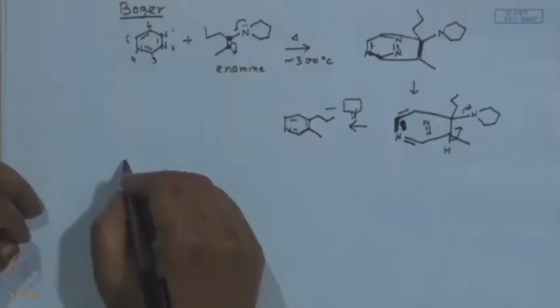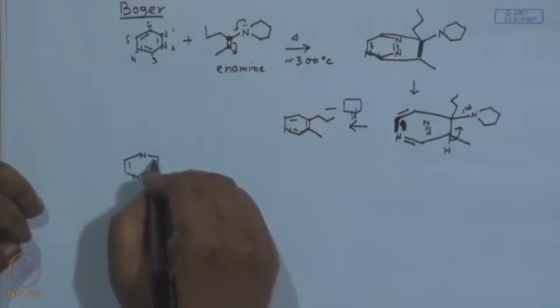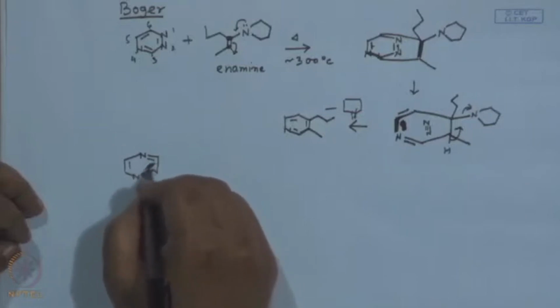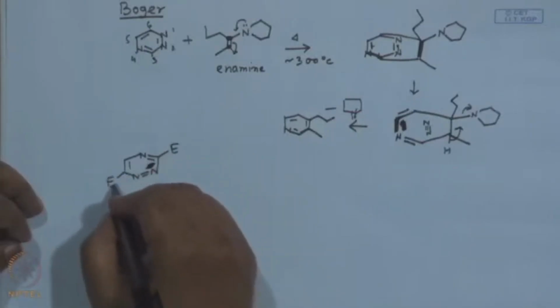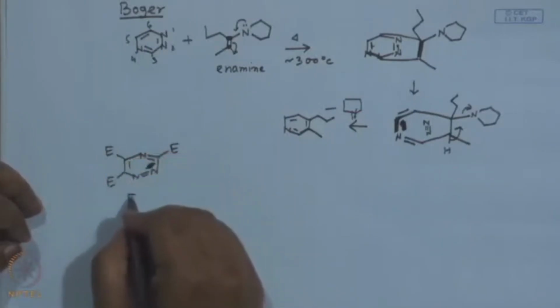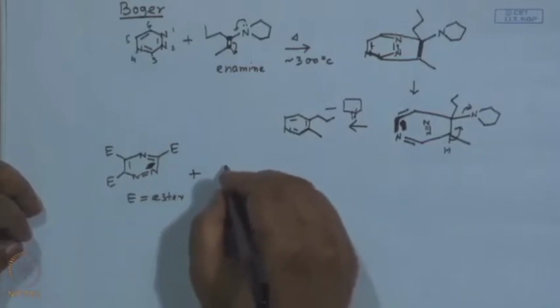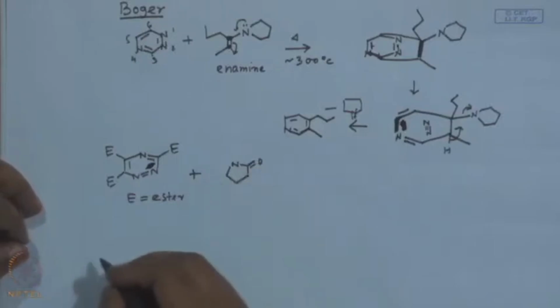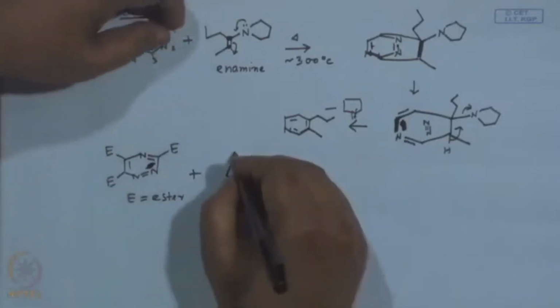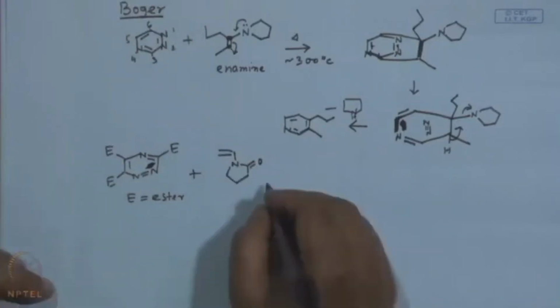There is one more example I have, where you again have a triazine, and now all three positions are substituted by ester, E. And this is N-vinyl pyrrolidinone, and I heat it.